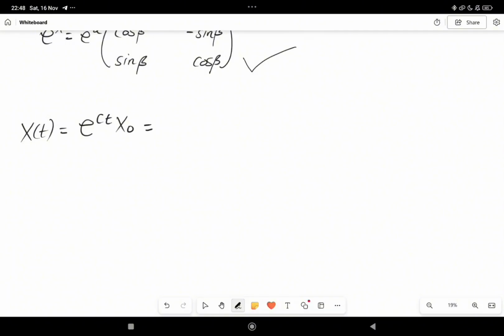And this expression is given by P e of t P inverse times x naught. So we are still going to use the same process of finding the exact solution for our system. And there's a special way to solve your P and P inverse. We will go about that when we take a look at an example.